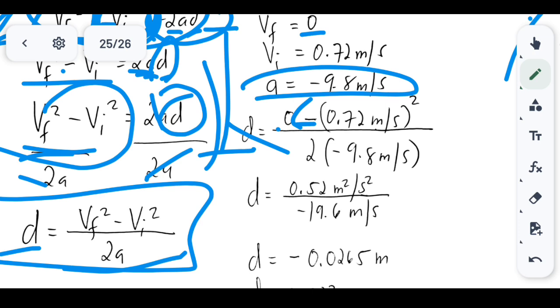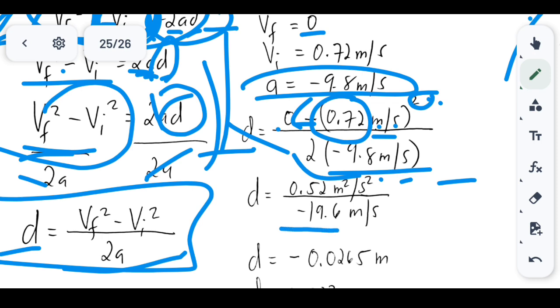But then, 0.72 and then 2 times the acceleration due to gravity na 9.8, negative yon. And then, 0.72 raised to 2 ay 0.52. So, whenever you raise a quantity, hindi lang yung number yung i-raise mo sa 2, pati yung unit. M raised to 2 is M squared, S raised to 2 is S squared. Over 2 times negative 9.8 is negative 19.6 meters per second.